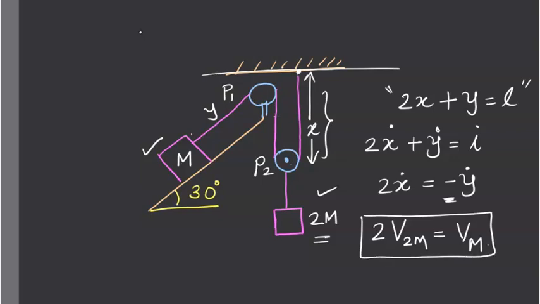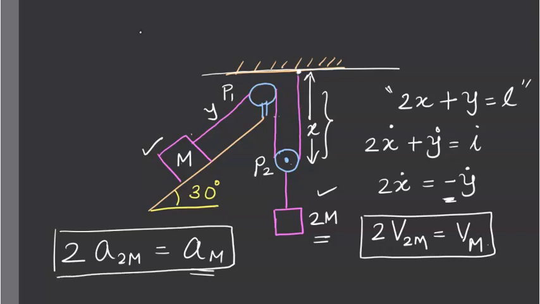Now again if I differentiate with respect to time, what I will get is 2 times the acceleration of 2m is equal to the acceleration of m. So the acceleration of m is twice that of the acceleration of 2m. This is the relation that we will get.